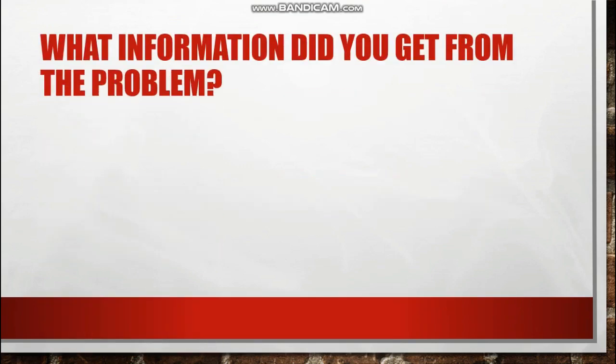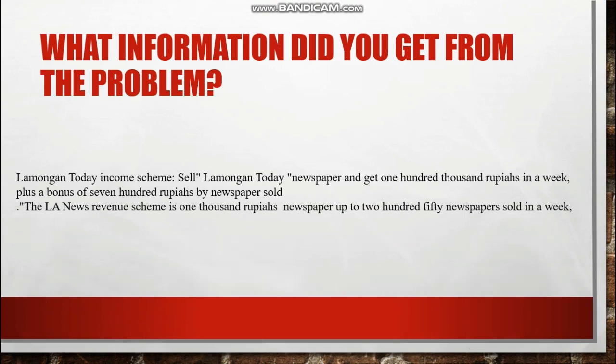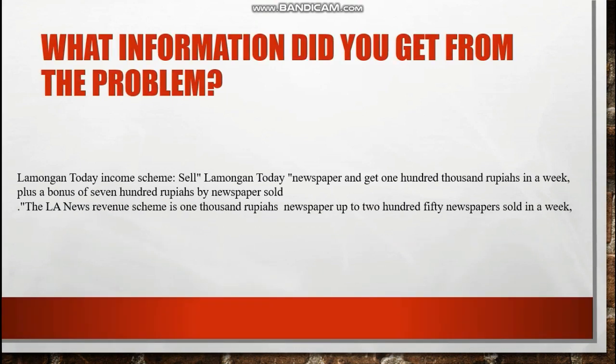First, what information did you get from the problem? Lamongan Today income scheme: sell Lamongan Today newspaper and get 100,000 rupiah a week plus a bonus of 700 rupiah per newspaper sold.